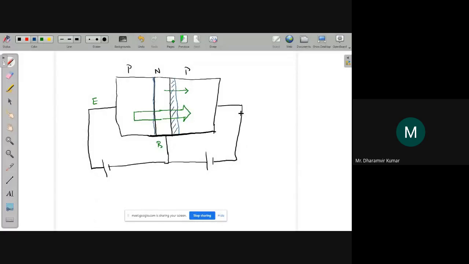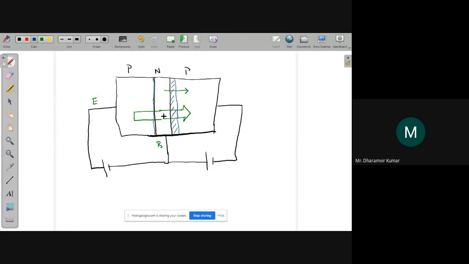So they will attract the positively charged holes. From emitter they enter the base, and then from base they enter the collector immediately.